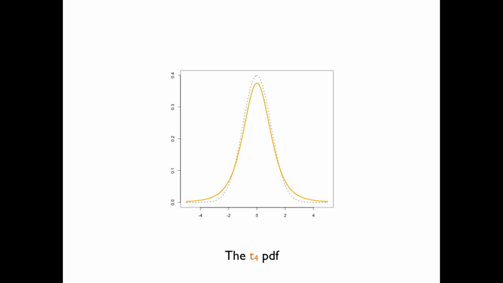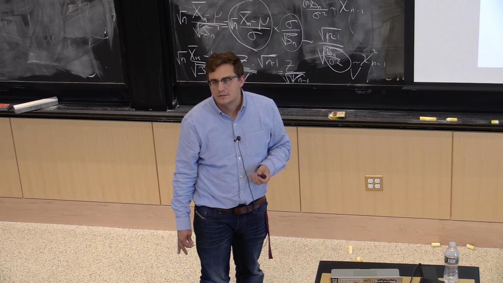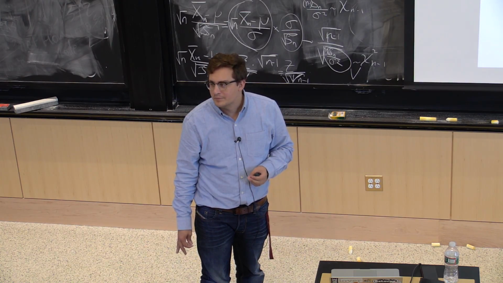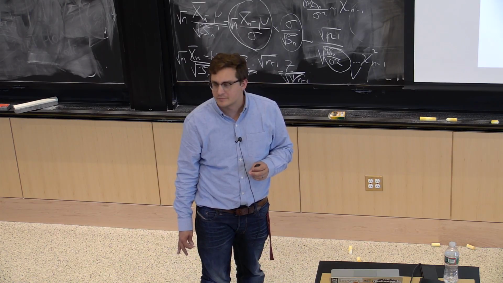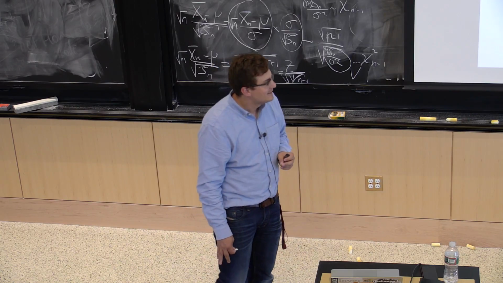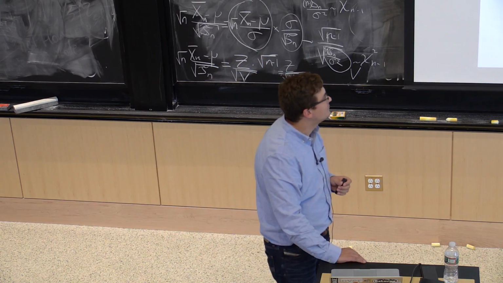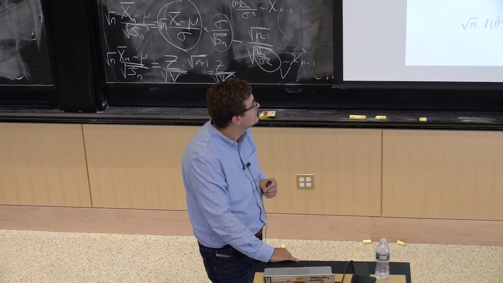Okay? 4, 3, 2, 1. So that's the T1. Obviously, that's the worst. If you ever use the T1 distribution, please ask yourself, why in the world are you doing statistics based on one observation? But that's basically what it is.